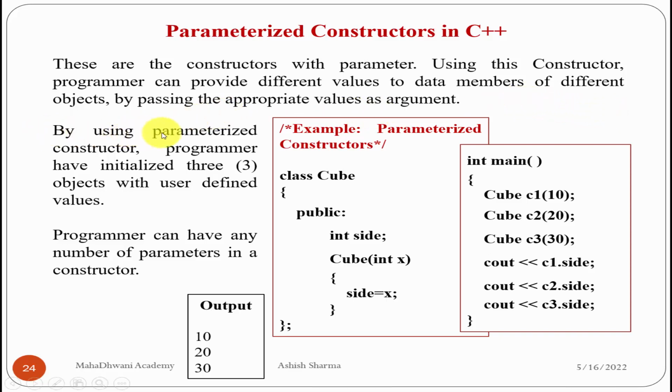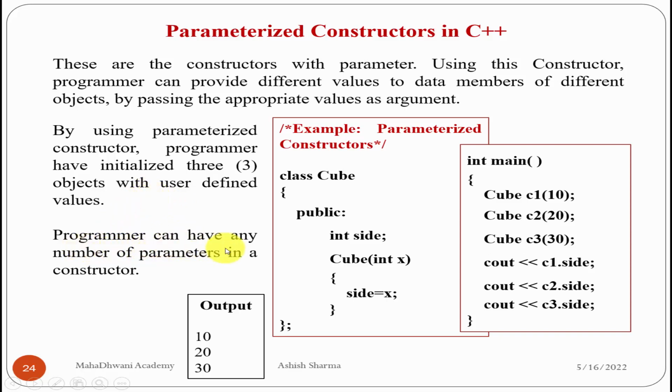Now by using a parameterized constructor, the programmer has initialized three objects with user defined values. You can see in the example that three objects are initialized with the help of the parameterized constructor. There is no limit on the parameters of the constructor. You can have any number of parameters as per your choice.